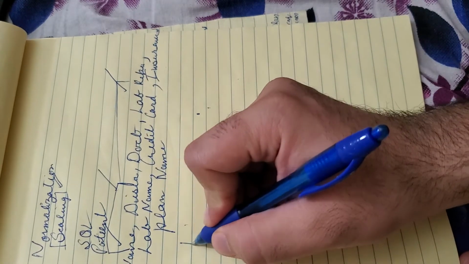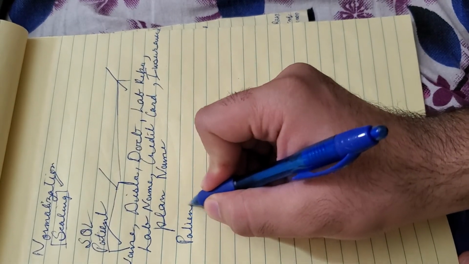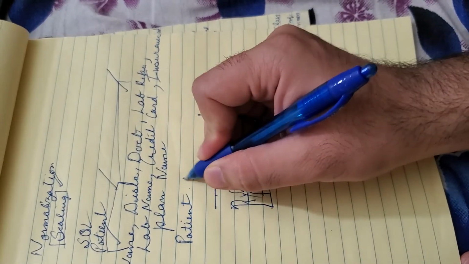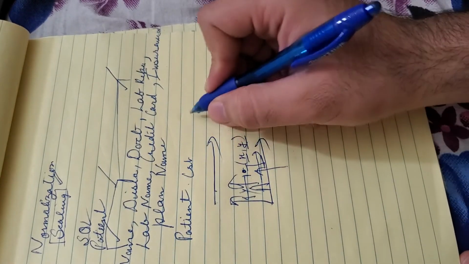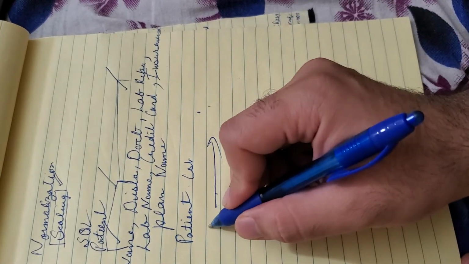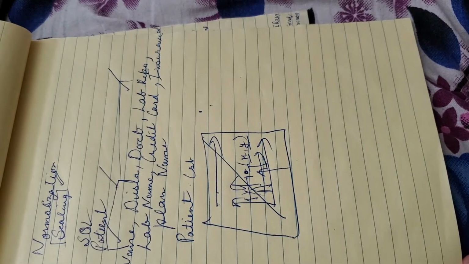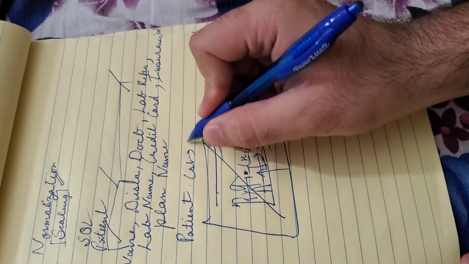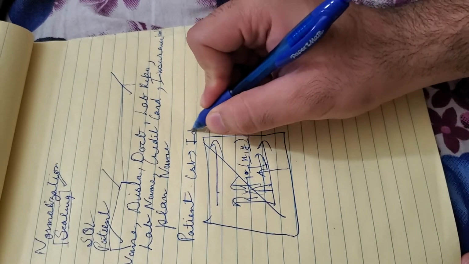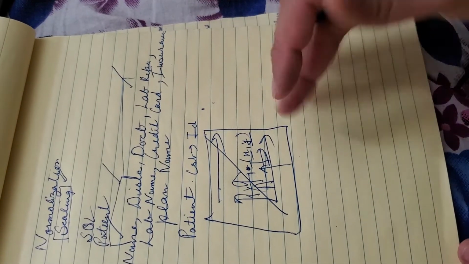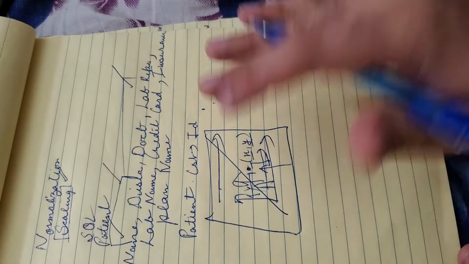So I will try to split the CSV. A patient CSV should look like this, I'm doing this hodgepodge. First of all, for every CSV, an ID column is absolutely mandatory. I'll come to that later, why.